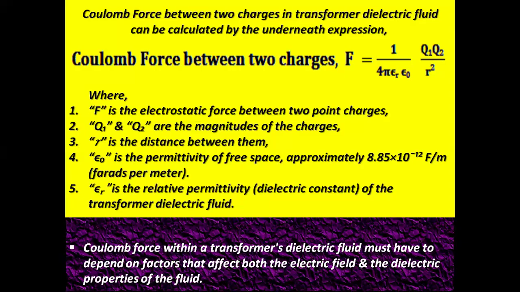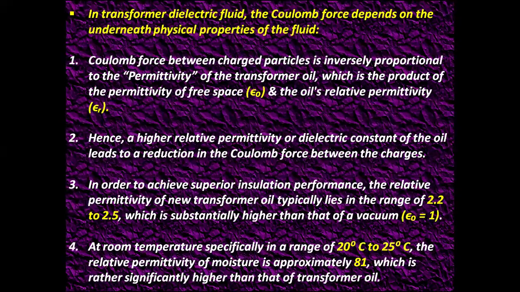Coulomb force within a transformer's dielectric fluid must depend on factors that affect both the electric field and the dielectric properties of the fluid. In transformer dielectric fluid, the Coulomb force depends on the underneath physical properties of the fluid.